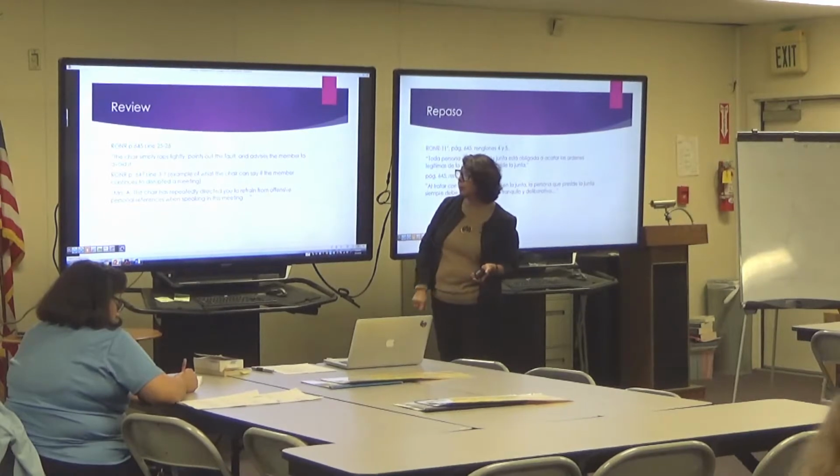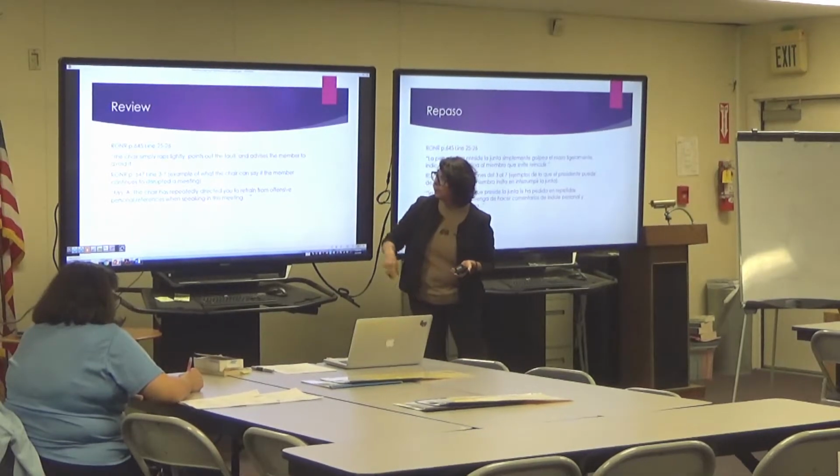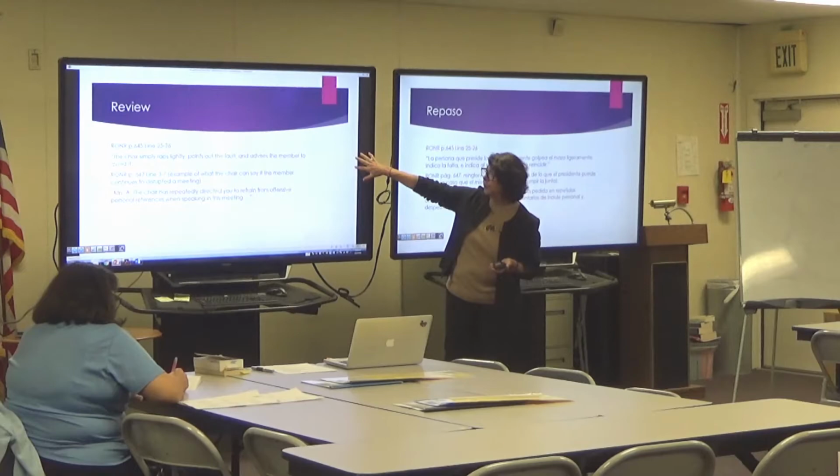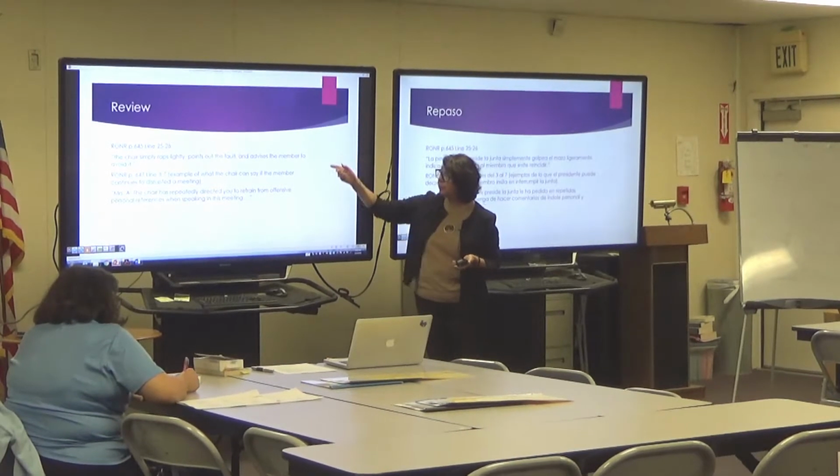Then you have documentation. So if you find out that this person keeps coming back and being disruptive, you have records. And under Robert's rules, the chair simply raps lightly on the table and points out the fault.